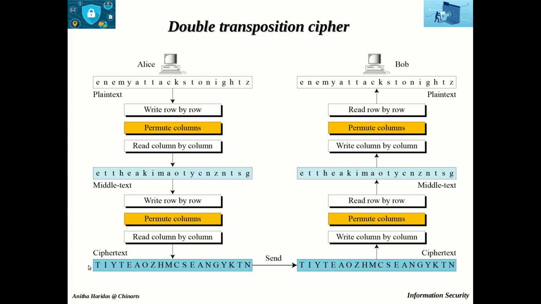So it becomes very difficult for the attacker to guess the keys for both encryptions. Now this ciphertext will be sent to Bob, and Bob will decrypt it, and a middle text will be generated. Decrypting it again will produce the plain text for Bob. This is what we call the double transposition cipher.